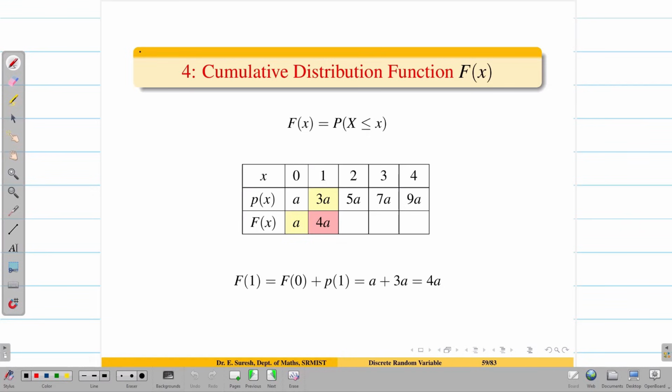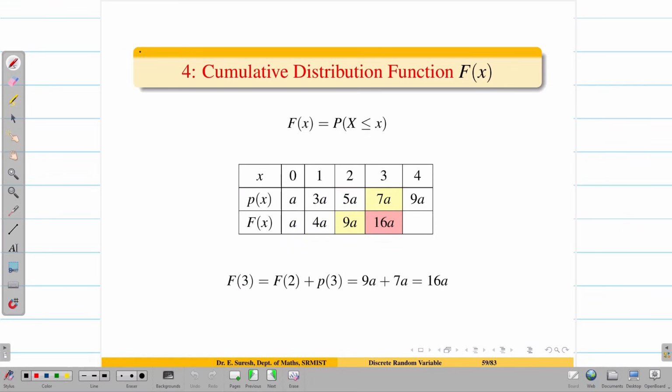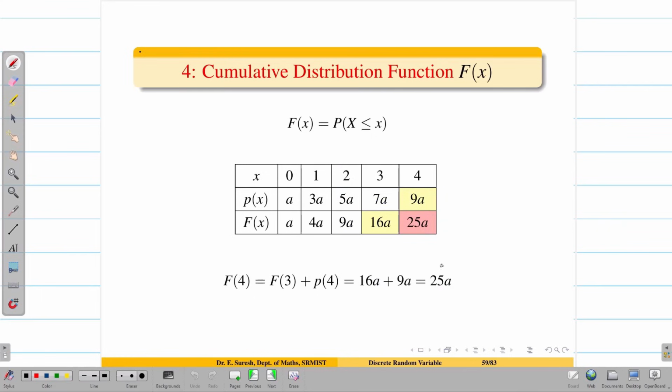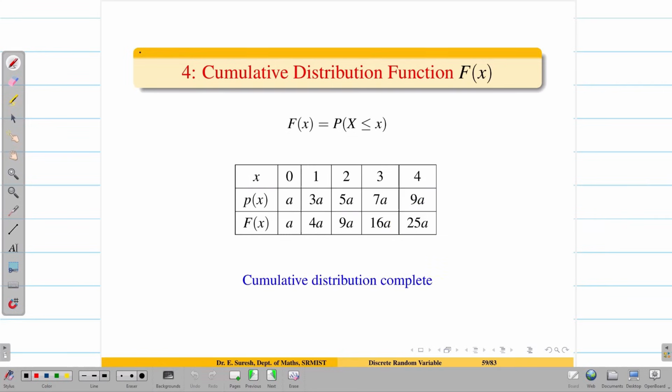Then 4A plus 5A is 9A, 9A plus 7A is 16A, 16A plus 9A is 25A. And as I said, you have to check the final value. Since A value is 1 by 25, 25A is 25 into 1 by 25, that is simply 1. Then our calculations are correct. So we have to write that at the end. From the table, we can easily find the CDF. So the CDF part gets over.